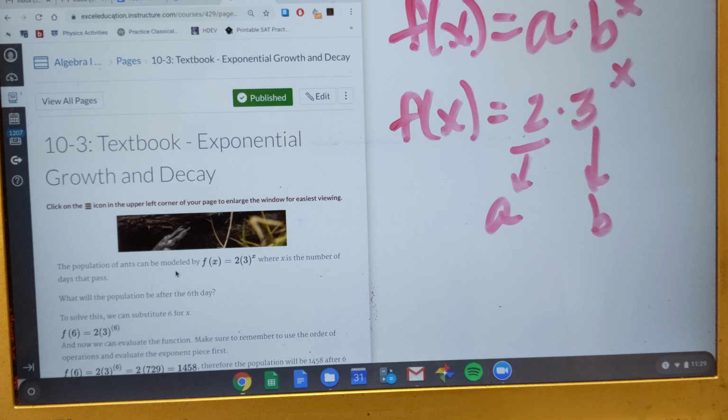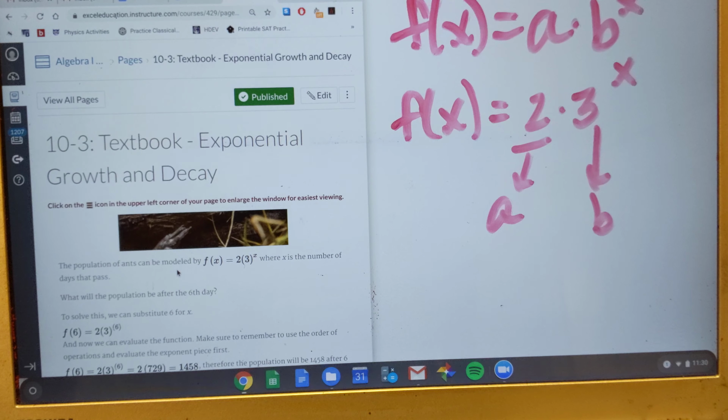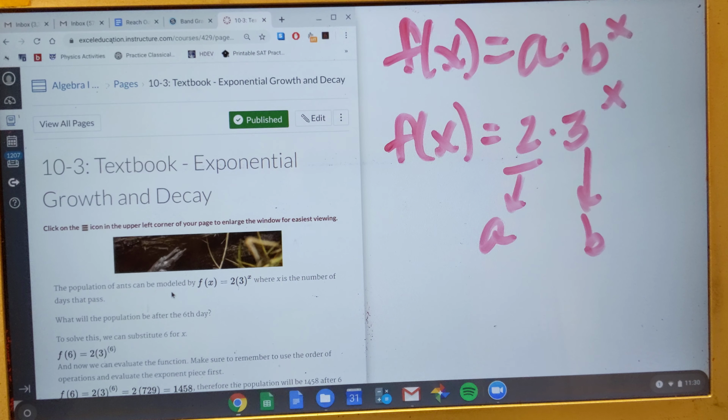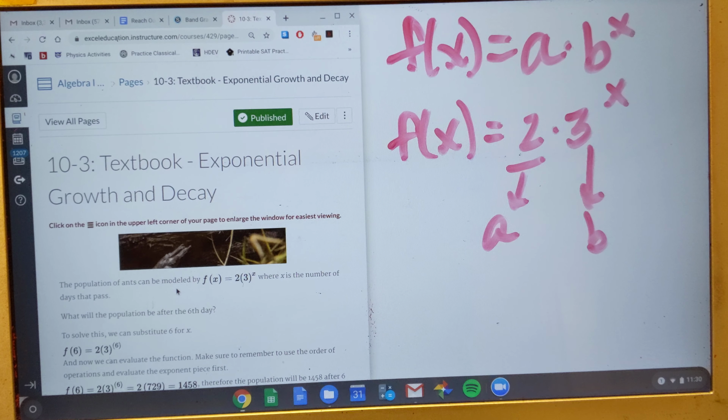So that tends to mean that these ant populations are going to grow exponentially. You've probably heard this language a lot with what's going on currently, talking about exponential growth. So this shouldn't be anything new to you. And so our ant population here is modeled by exponential growth.